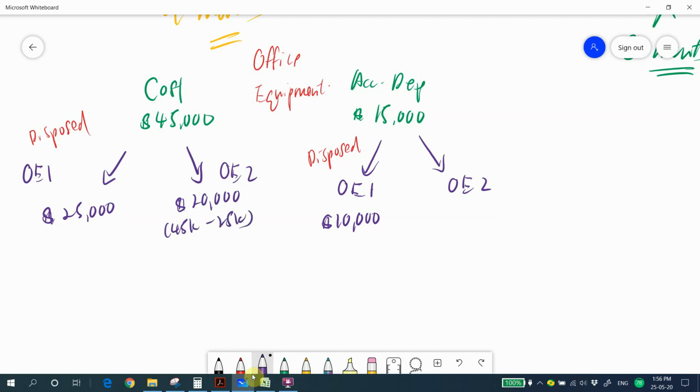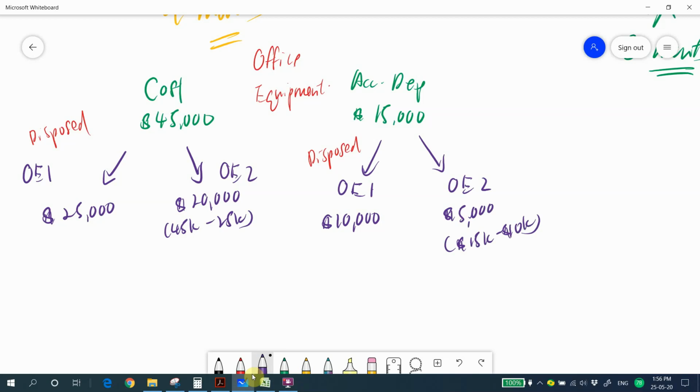For the accumulated depreciation, the disposed asset has an accumulated depreciation of 10,000. So the remaining one is 5,000. How to get 5,000? We use 15 minus 10 to get 5,000. So this is the analysis.